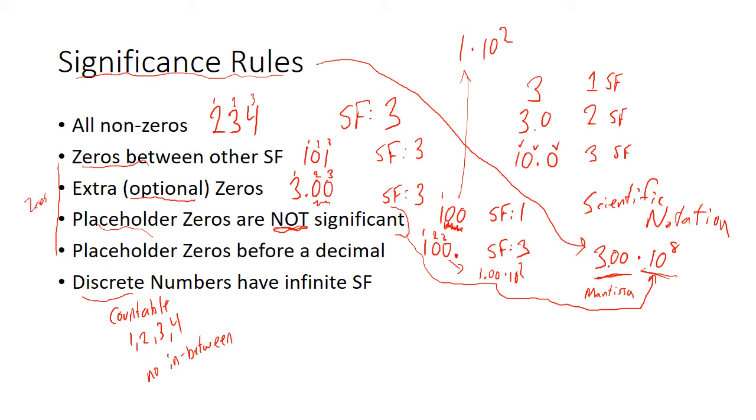So if we counted people in the room, you can have 3 people in the room, you could have 4 people in the room, but you cannot have 3.5 people in the room. Even short people get the full value here. So countable means that there's a distinct number, and it's exactly 1 and exactly 2 or exactly 3. That's why they have infinite amount of sig figs.